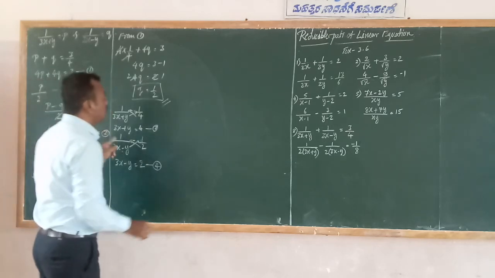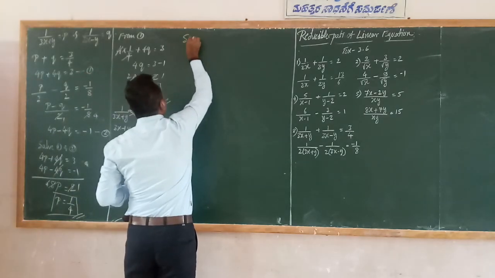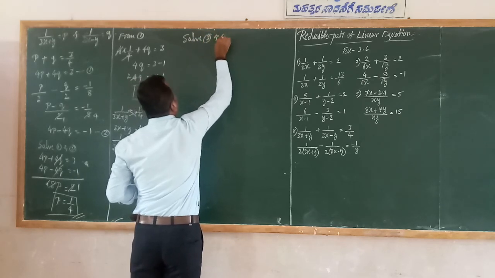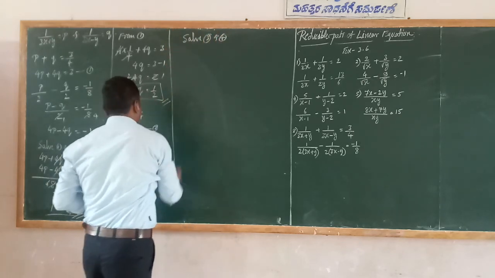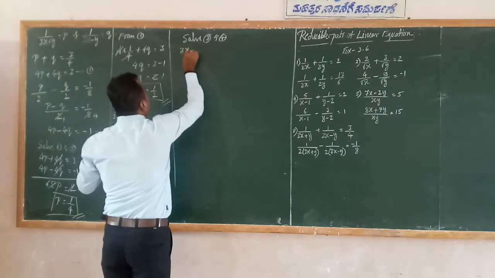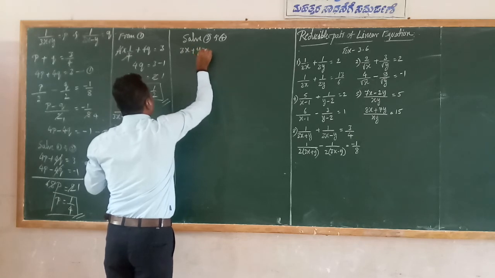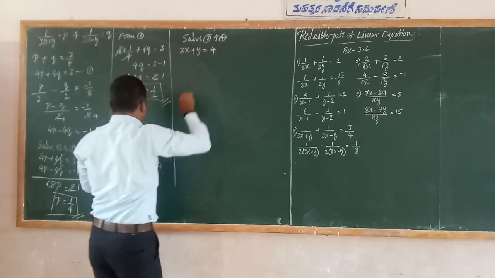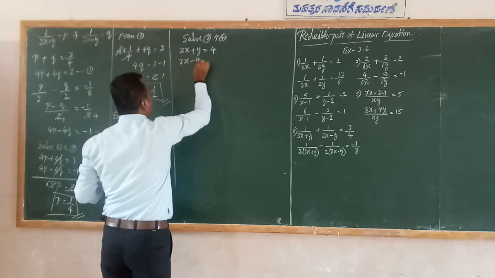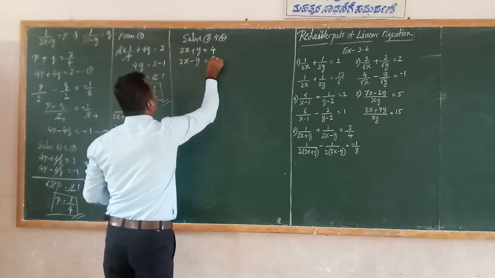So solve 3 and 4 equations. What is the third equation? 3x plus y is equal to 4. And the fourth equation, 3x minus y is equal to 2.